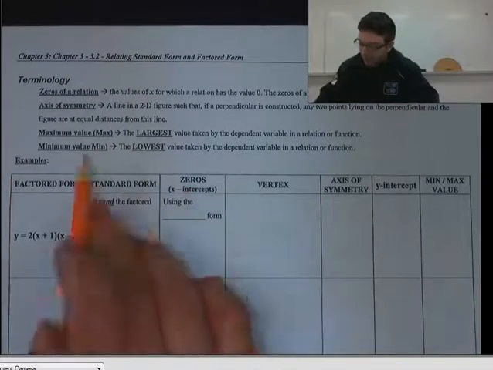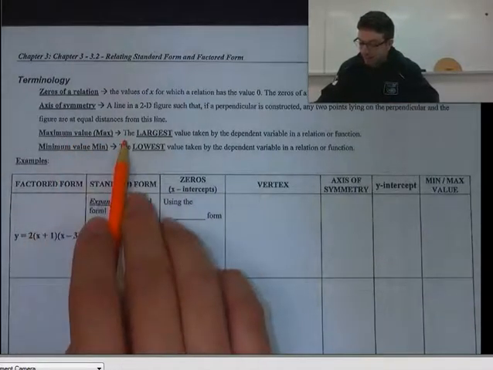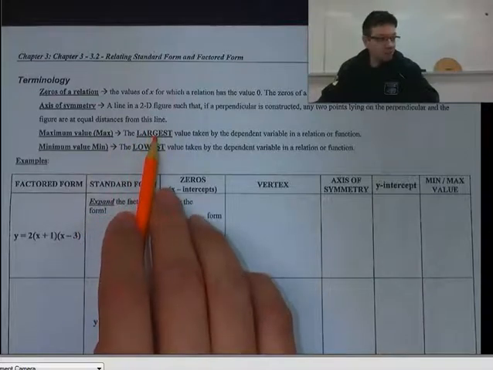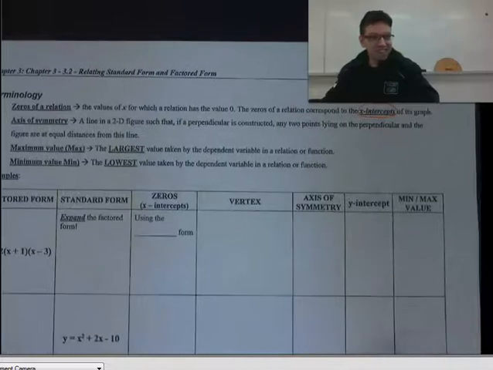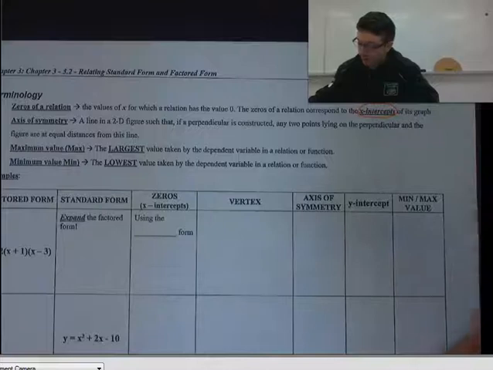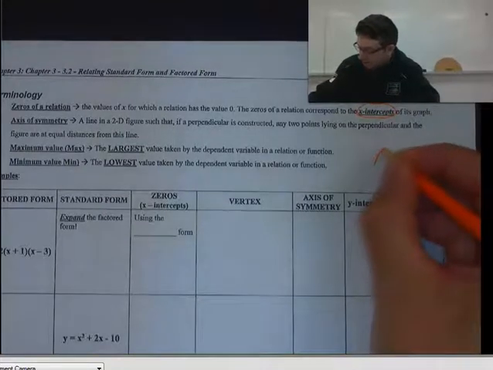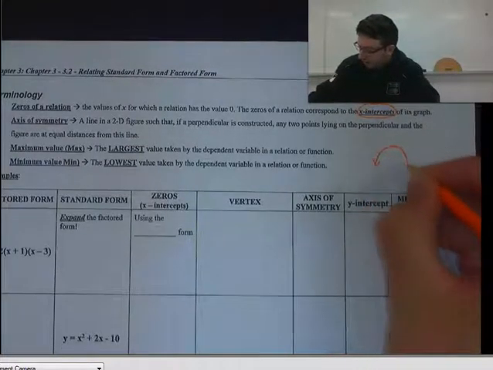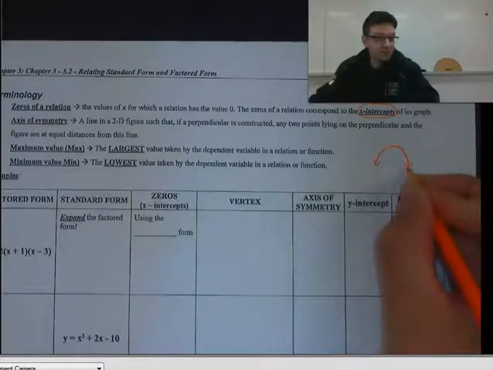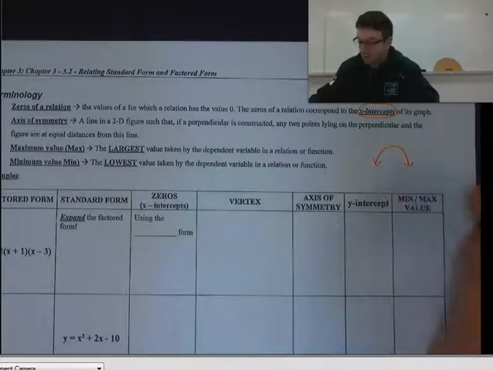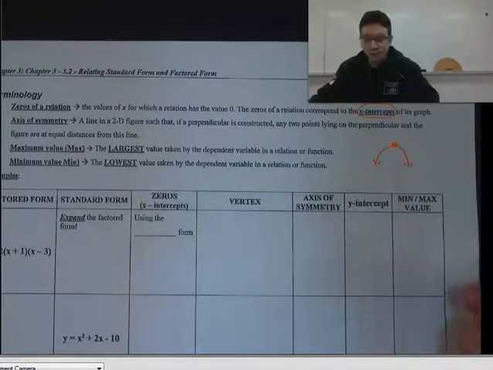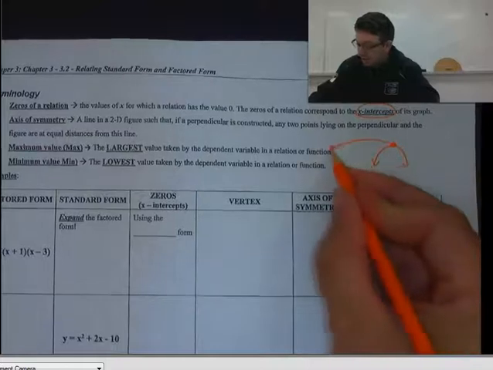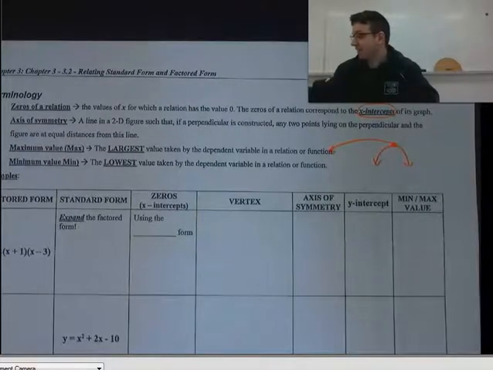Okay, then we have the maximum value. That would be the largest possible value, or the minimum value. So what do I mean by maximum and minimum? It does depend on whether or not your quadratic opens up or opens down. If it opens down, that keeps going down forever. So you don't really have a minimum value, but you do have a maximum value right there. And so you will have a maximum value if your quadratic opens down.